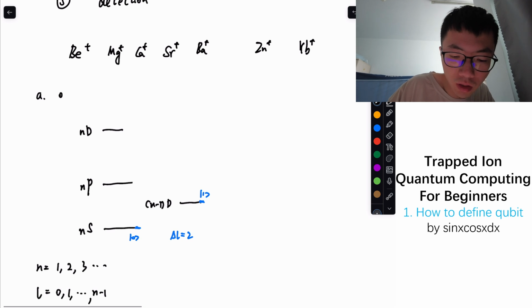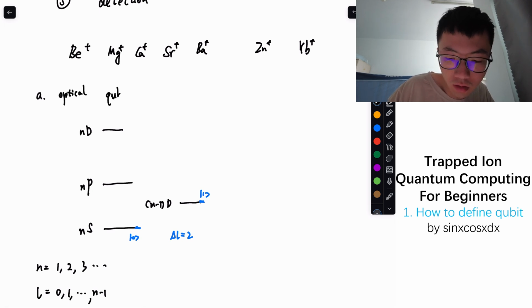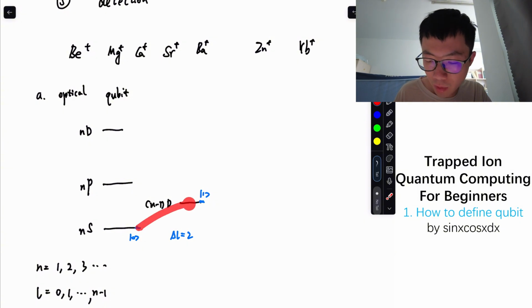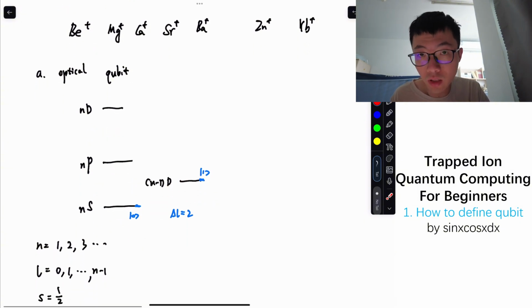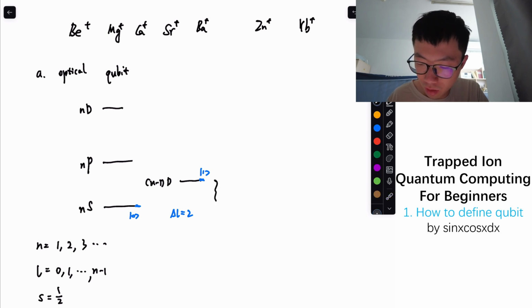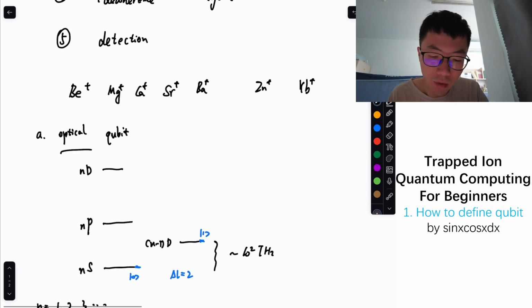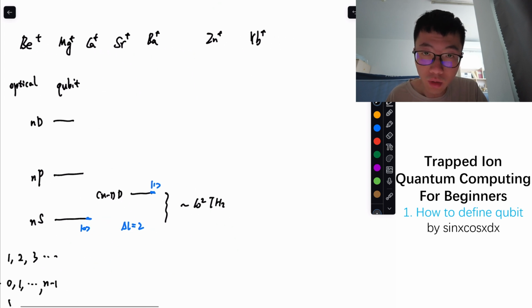We call this an optical qubit, because the energy gap between S and D is typically hundreds of terahertz, quite near to the frequency of visible light. It's usually an infrared laser. So we call this optical qubits. It's just like an optical transition. We use a laser to do this transition.